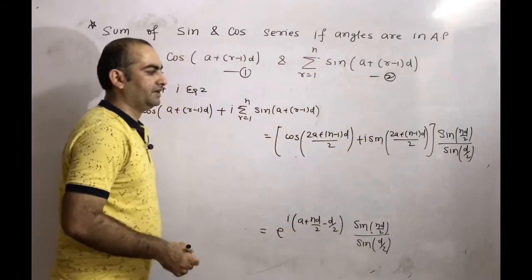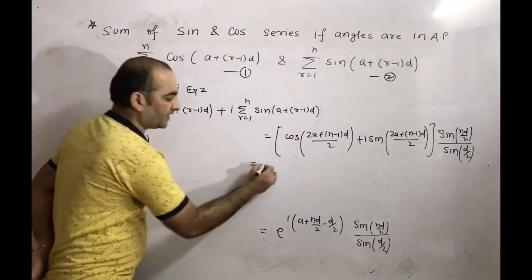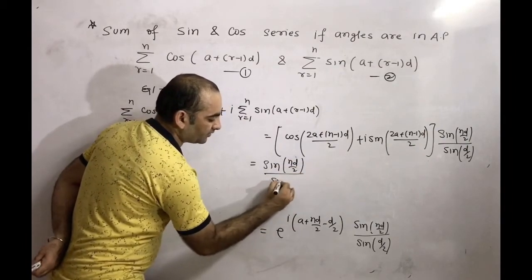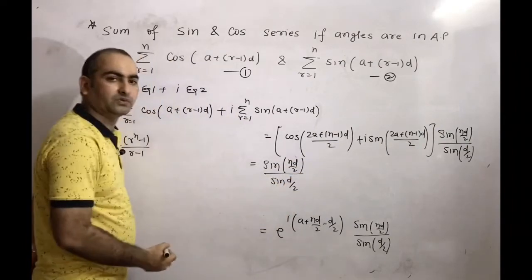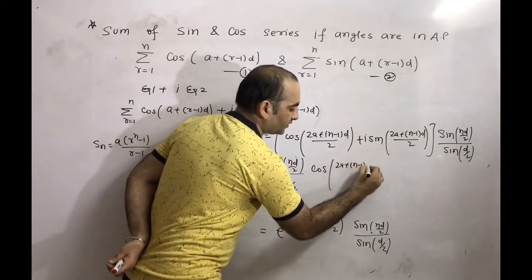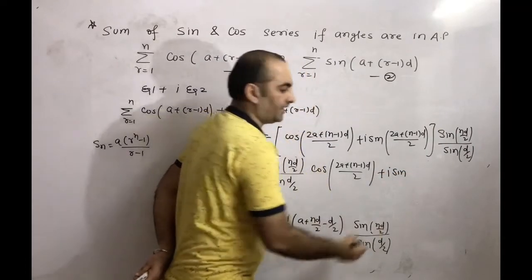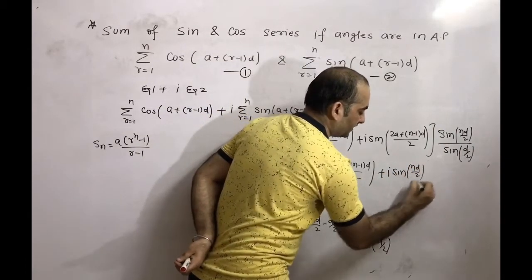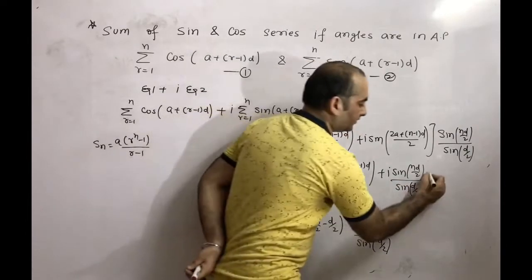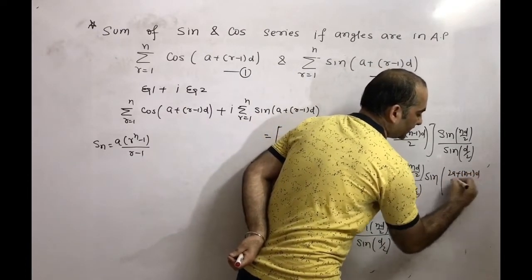Now this one we are multiplying inside. So what will come is sine(nd/2)/sine(d/2) into cos of (2a + (n−1)d)/2, plus i sine(nd/2)/sine(d/2) into sine of (2a + (n−1)d)/2.